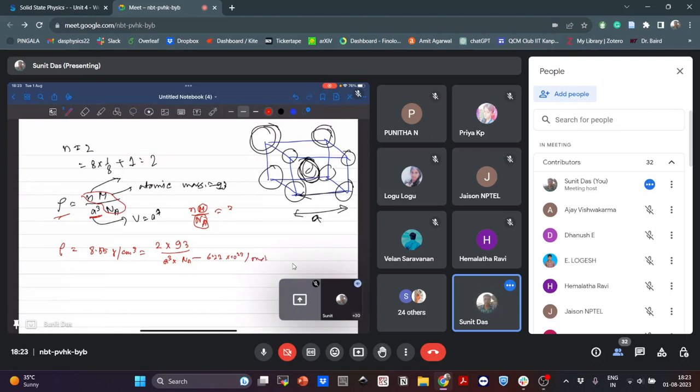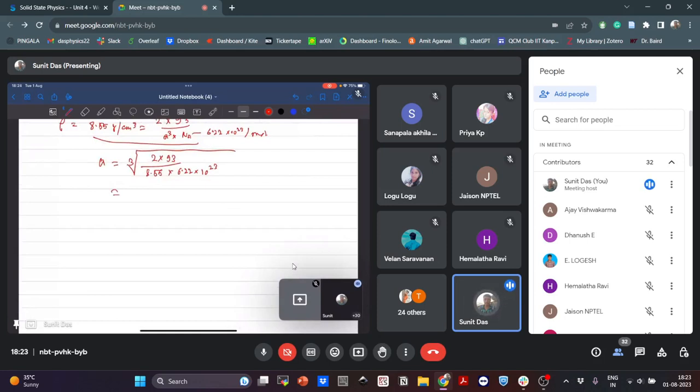So if we put all of these and calculate A, or rather A cube, no, let's directly calculate A. It will be around cube root of 2 into 93 by 8.55 into 6.022 into 10 to the power 23, so this will come around 3.306 into 10 to the power minus 8 centimeter.